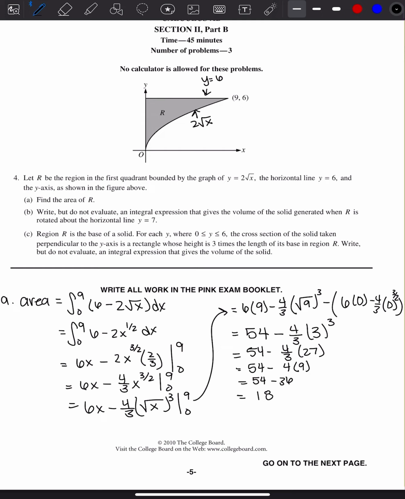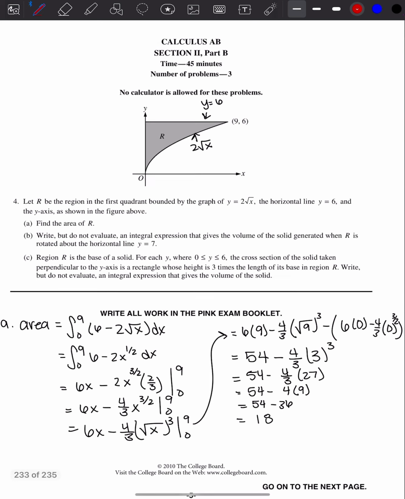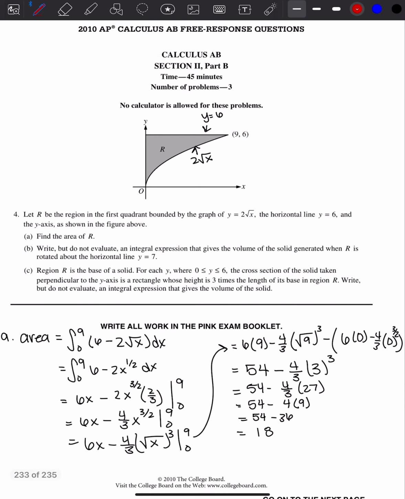The other thing that's good to know is how they might score this. In this particular problem, this part is worth 3 points. The first point is going to be awarded for what you are taking the integral of, so for all of this here.